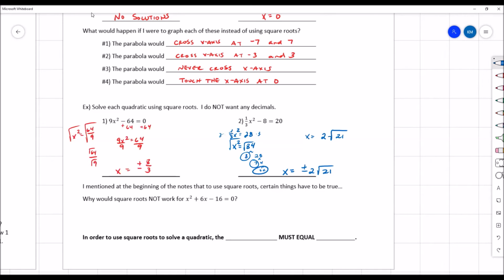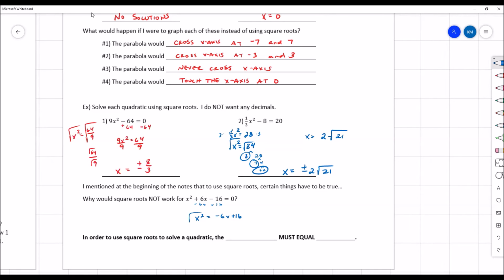I mentioned at the beginning of the notes that to use square roots, certain things have to be true. Why would square roots not work for x squared plus 6x minus 16? Here's why. As you try it, you're trying to get x squared by itself, and so you probably subtract 6x from both sides and add 16 to both sides, and you end up with x squared equals negative 6x plus 16.